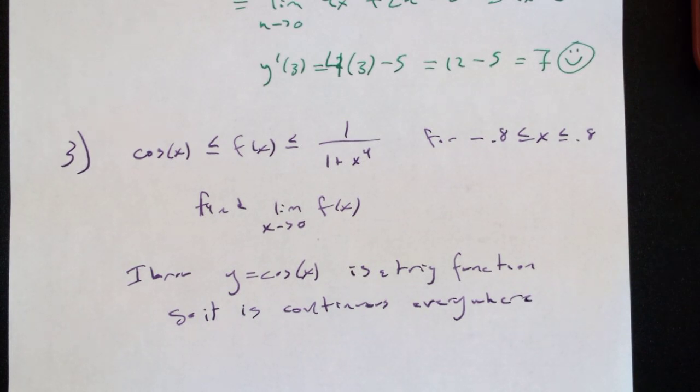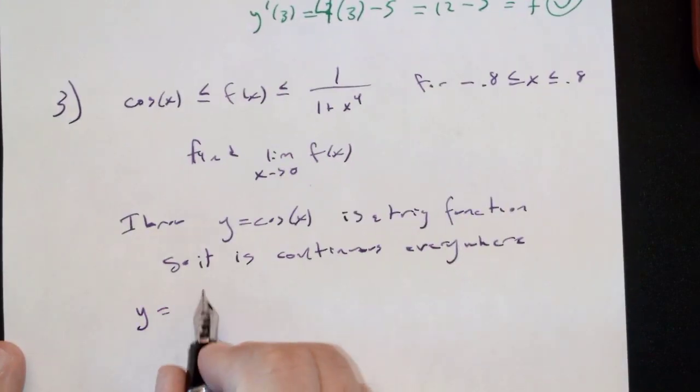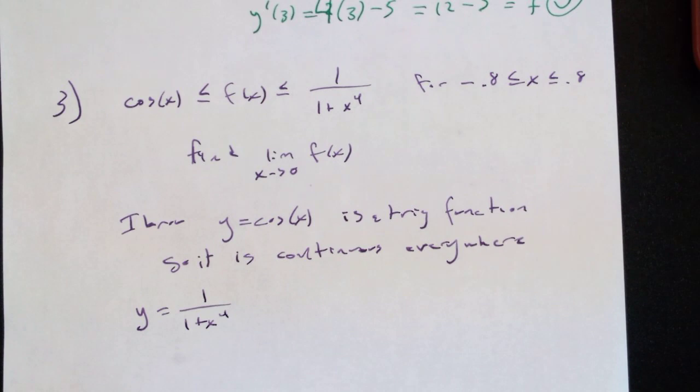What about 1 over 1 plus x to the fourth? What type of function is that? It's division, right? It's a ratio of 2 things like a fraction. That's a rational function.